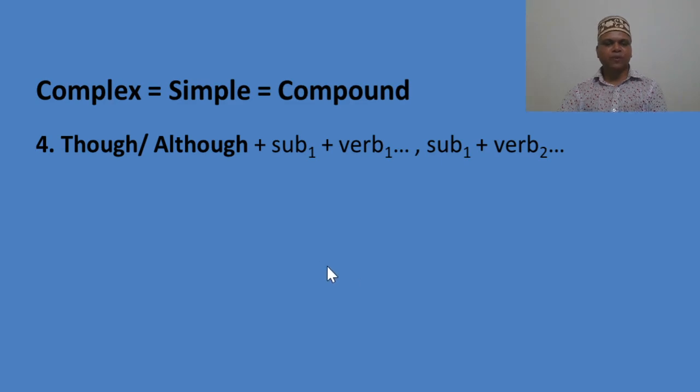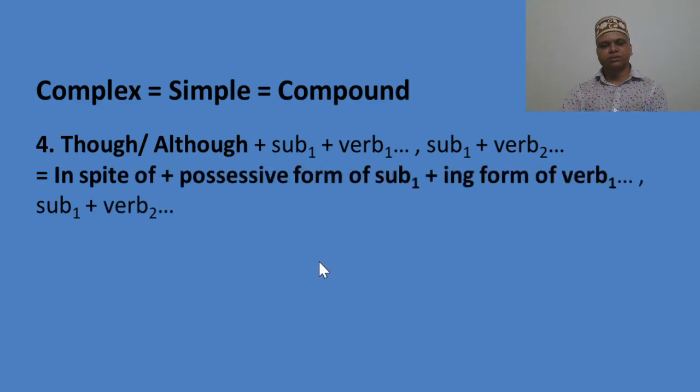Now the fourth rule: if the complex sentence begins with though or although, then we begin the simple sentence with "in spite of", then we use the possessive form of the subject, the ing form of verb 1, that is, the ing form of the verb of the dependent clause, and the rest of the sentence will be the same.